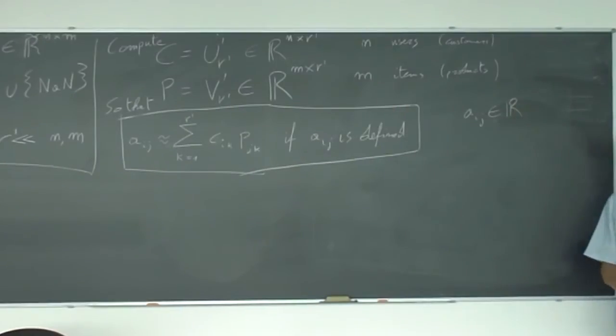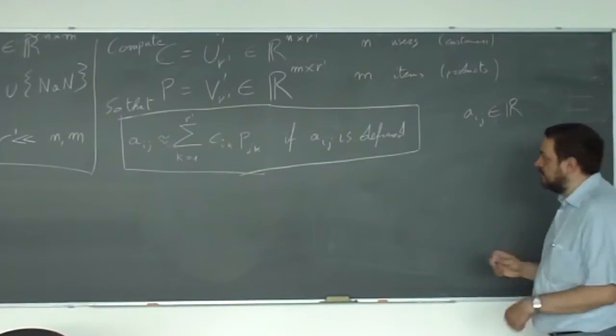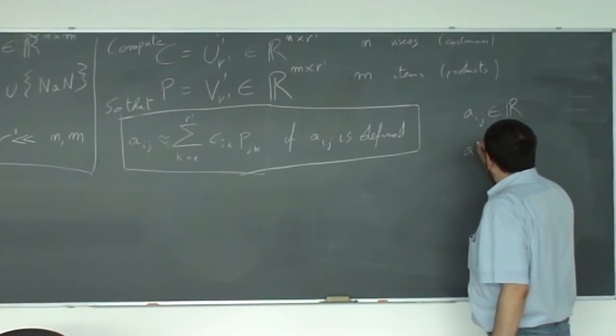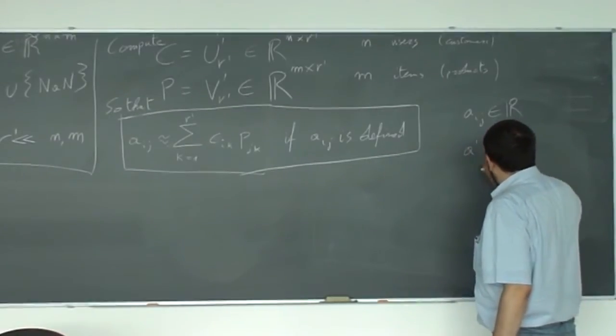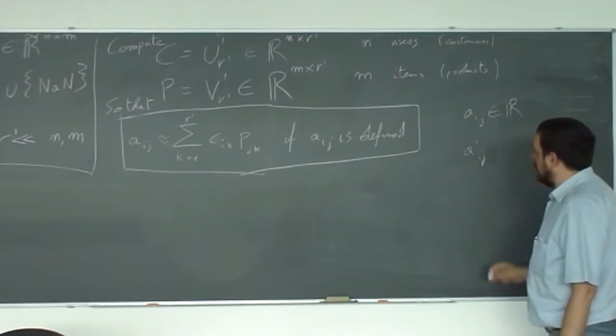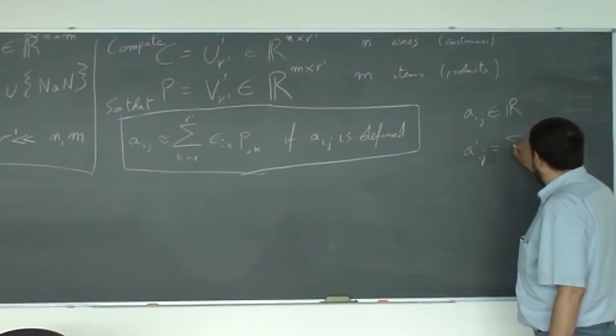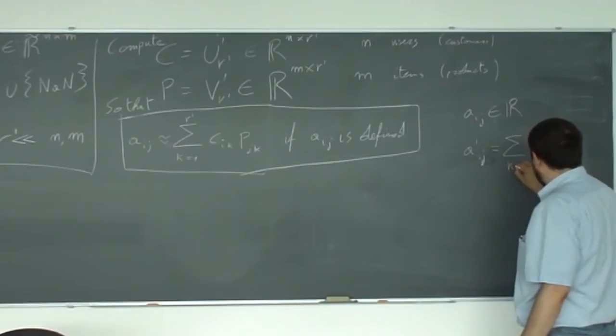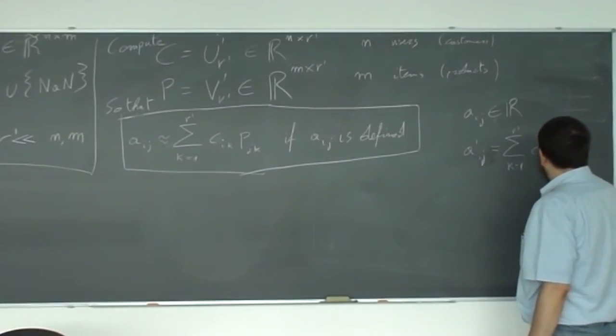Suppose that Aij is a real number. It is known. Let's call A prime ij the approximation computed by that formula, the sum from 1 to R prime of Cik times Pjk.